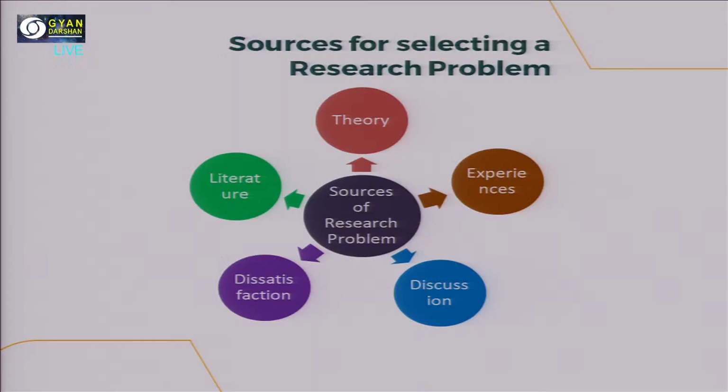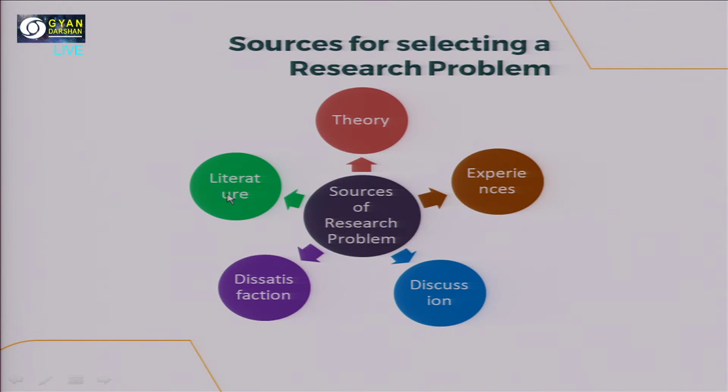So you have to find out, examine, understand and analyze what type of dissatisfactions there are so far as research results and findings are concerned. Accordingly, that will help you in framing, selecting and stating a good problem. And the last one is called the literature.